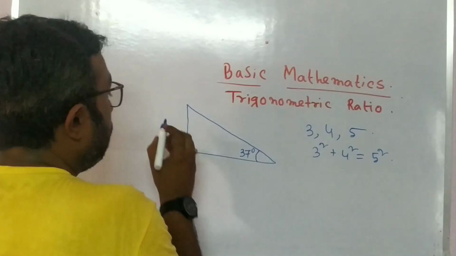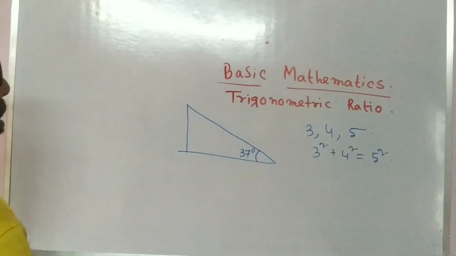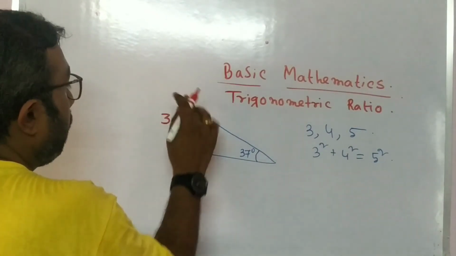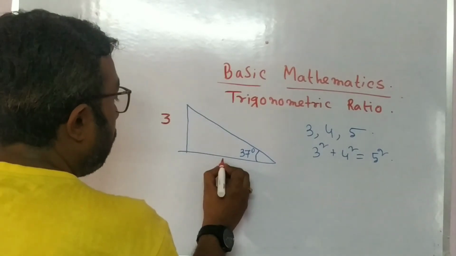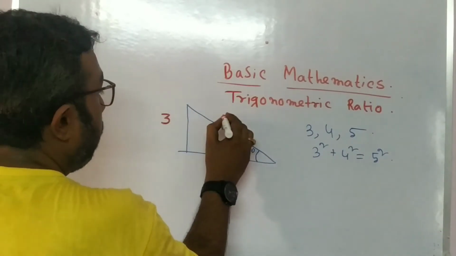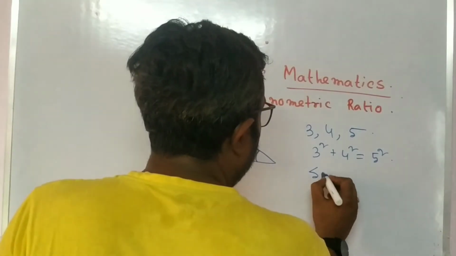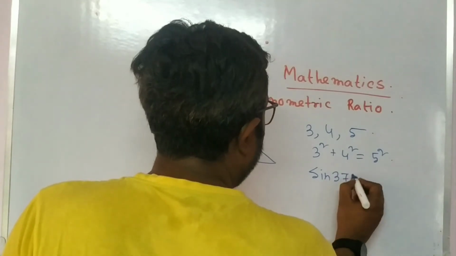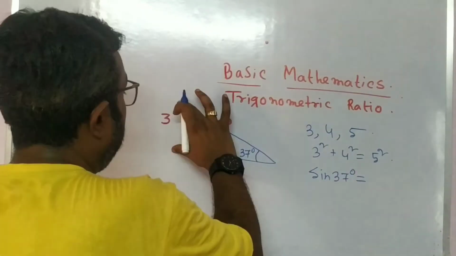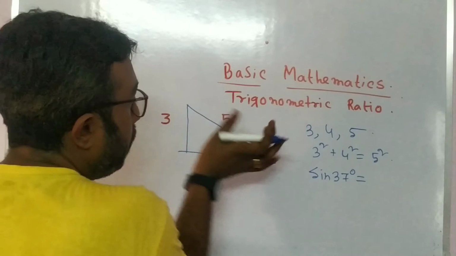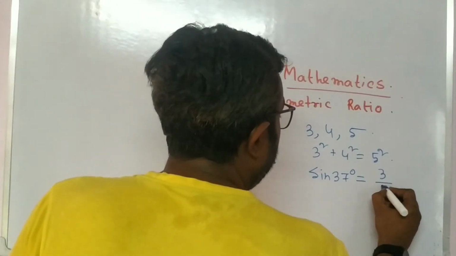So you can write 3 as a perpendicular, 4 as a base and 5 as a hypotenuse. So you can write sin 37 degree equal to perpendicular by hypotenuse, so 3 by 5.